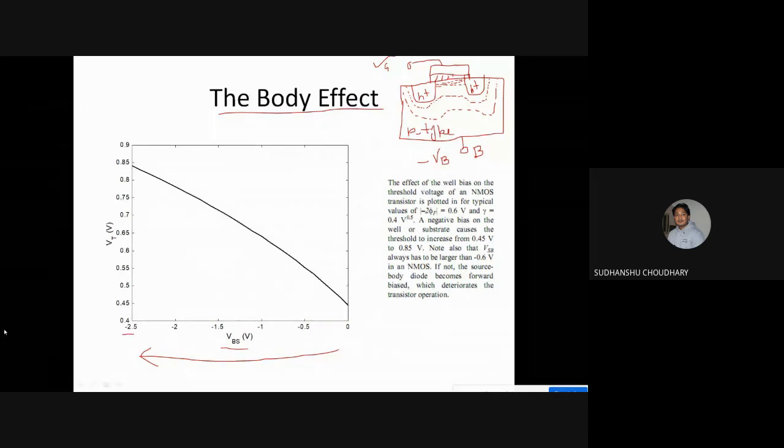And we see that the threshold voltage of the MOSFET is going up as we increase the reverse bias across these two junctions. This is because the depletion region is growing, because of which channel charges are reducing. That is why the threshold voltage of the MOSFET is going up.